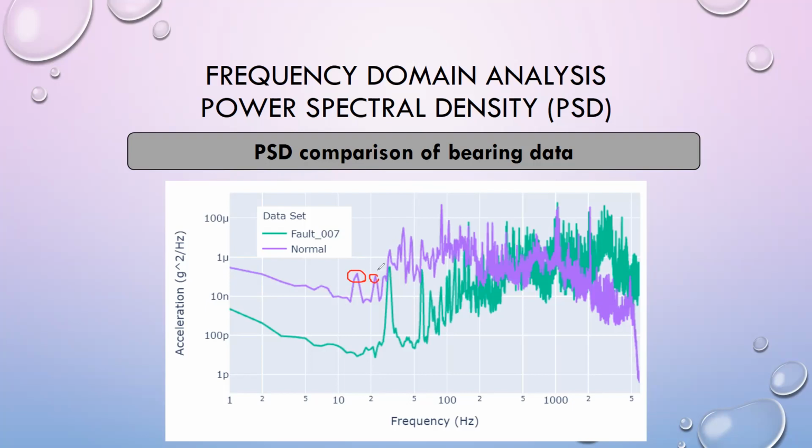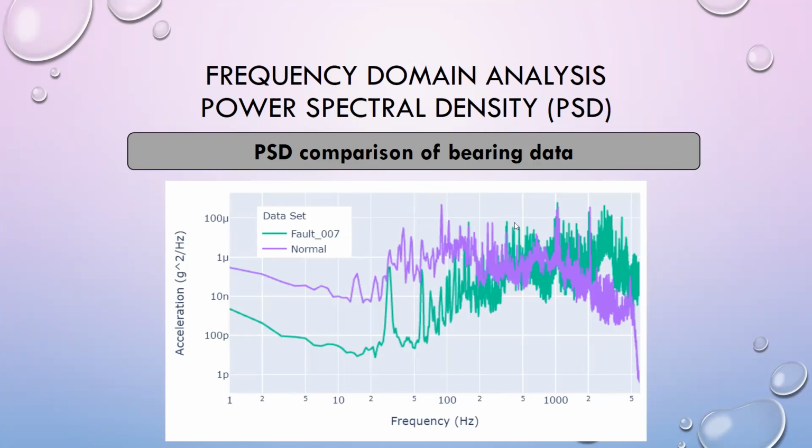We have another peak here, one peak here, and one peak here. And if you compare with the fault signal, you can see that the maximum peak for the fault signal, the green one, is here around 1000. But for the purple one, the peak is here before 100, and it's about 90 hertz. So you can see the frequency of the normal one is significantly less than the bearing with fault.